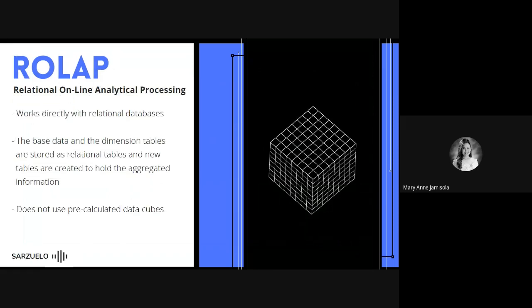Another type of OLAP is ROLAP, or Relational Online Analytical Processing. ROLAP works directly with relational databases. The base data and the dimension tables are stored as relational tables, and new tables are created to hold the aggregated information.